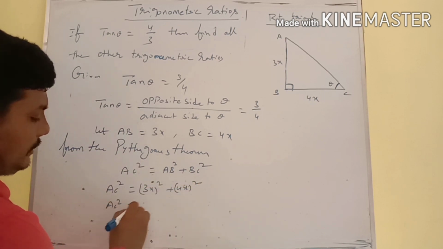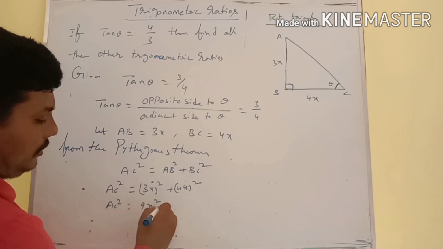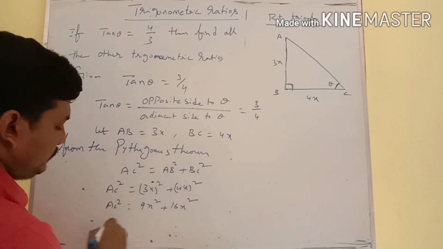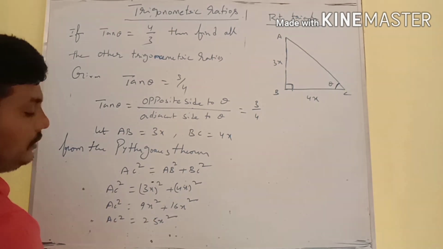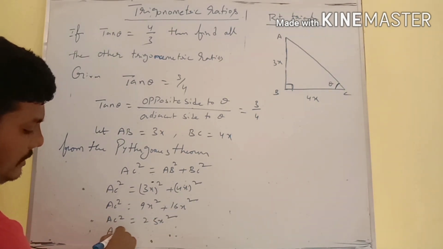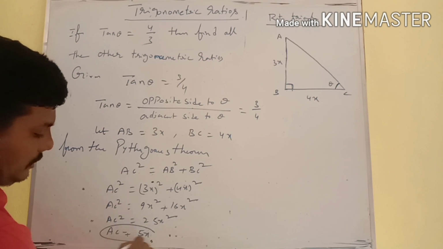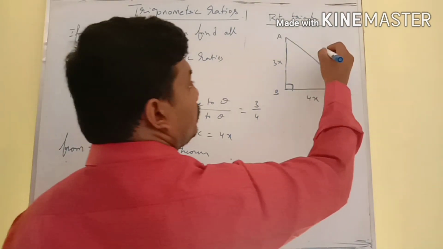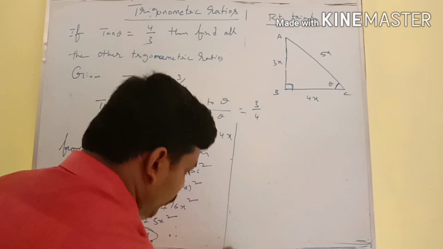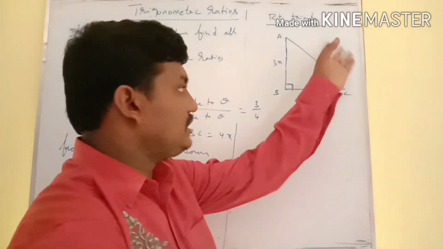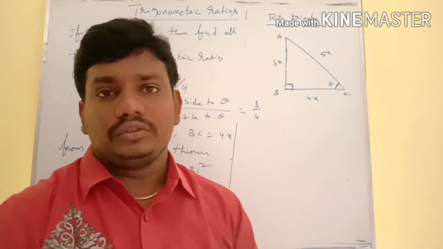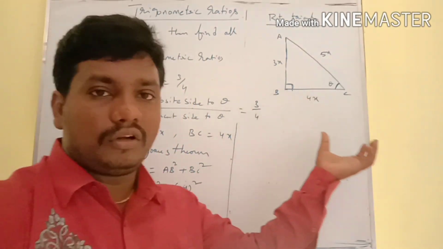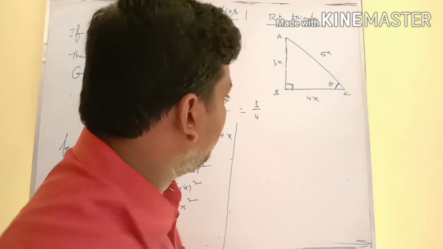Then AC square is 9x square plus 16x square, which is 25x square. So AC is equal to 5x. Once you know the opposite side, adjacent side and hypotenuse, we can find all the trigonometric ratios.